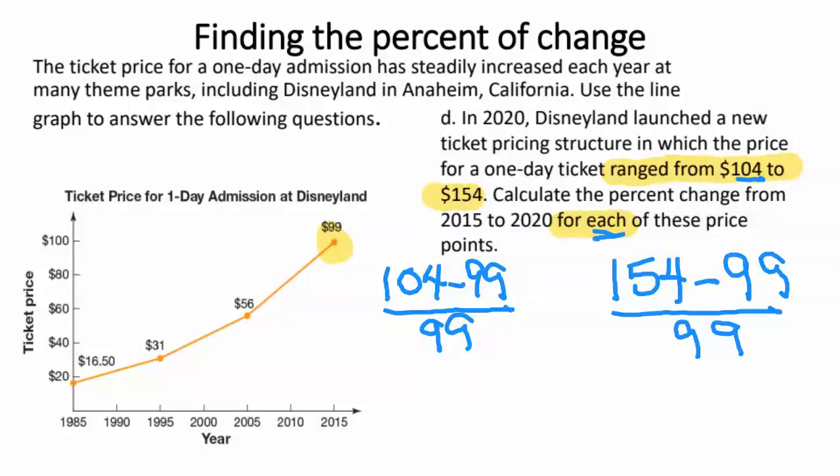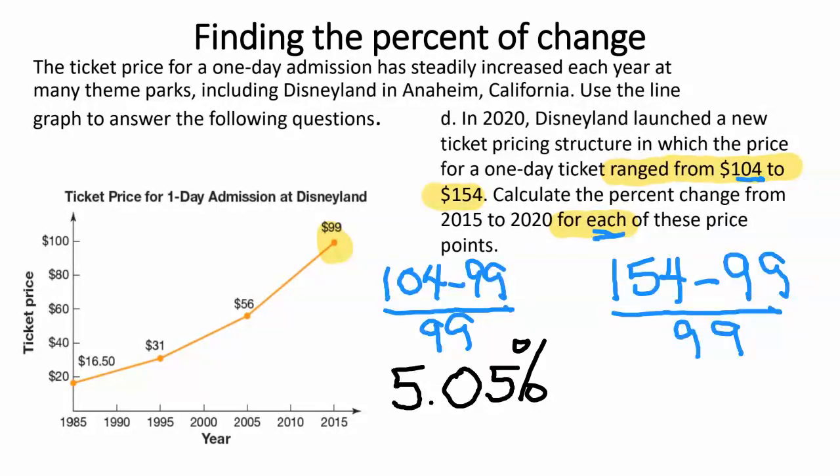Well, when I take 104 minus 99, remember, I've got to make my answer into a decimal. Now, this one is giving me 5.05%. Then 154 minus 99, get that answer, divide by 99, and the decimal I see, I make into a percent.